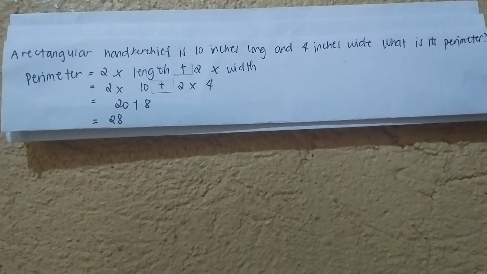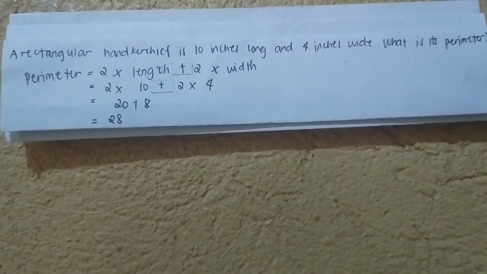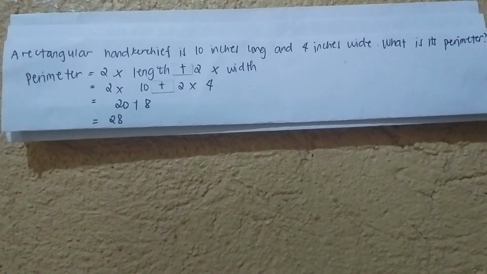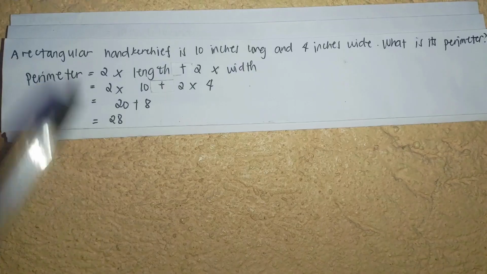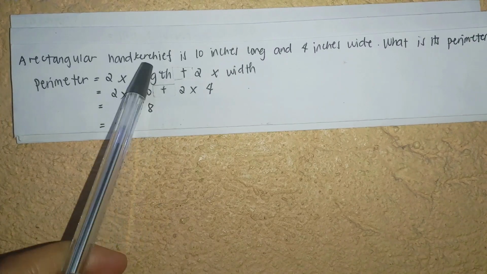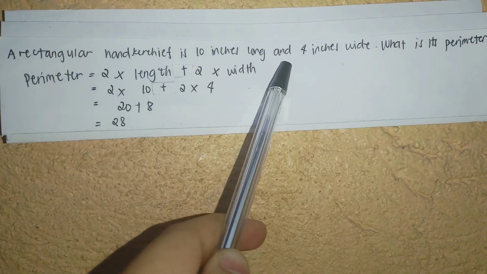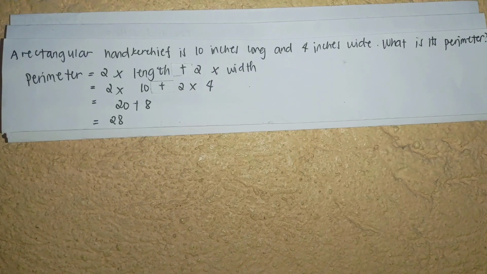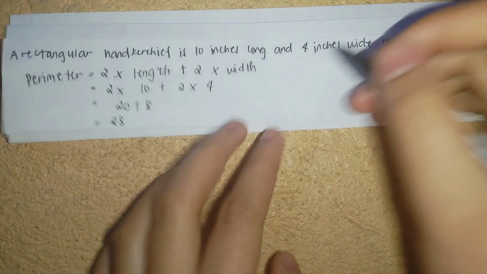So, since perimeter ng rectangle ang given, we're gonna use the formula 2 times length since yung form ng is like this, di ba?